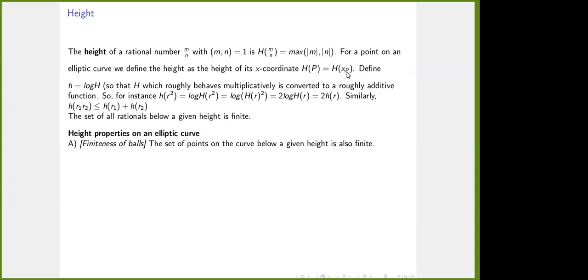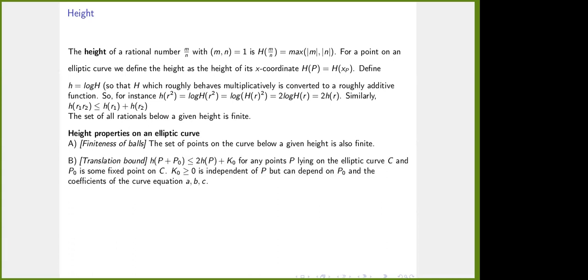But remember that the elliptic curve was given by y squared equal to something. So for any fixed value of x, there are precisely two values of y. So if there are only finitely many values for x, there'll be two times that finitely many values for y. So in total, there'll be finitely many points on the curve. So that shows that the points in a given ball are finite.